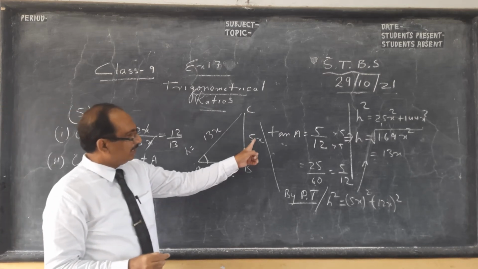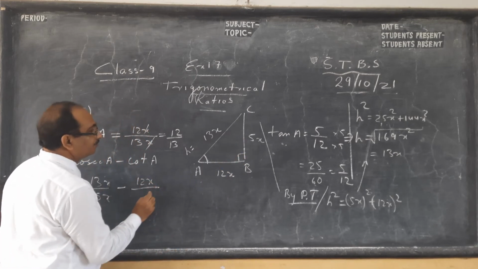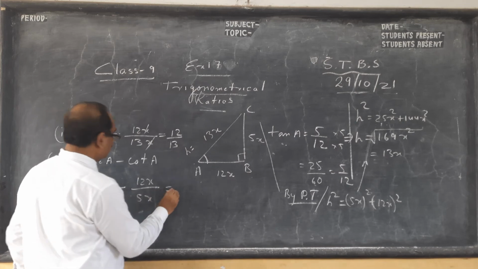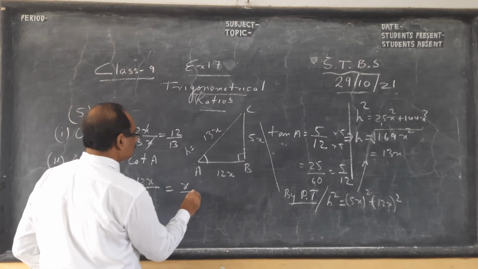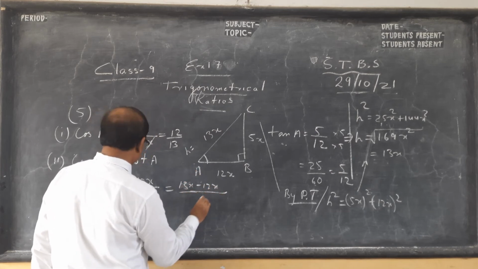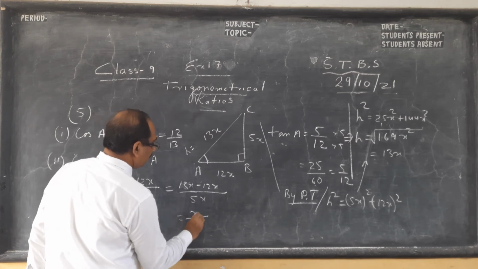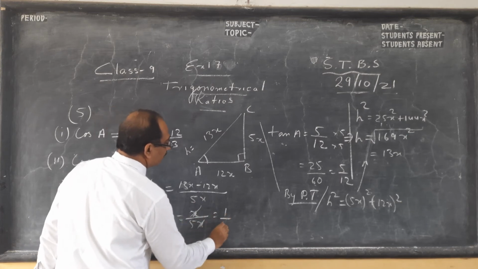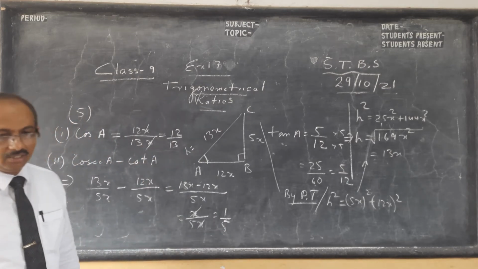Minus cot, tan is this by this, cot is this by this, 12x by 5x. So this you do, you get x by 13x because denominator is same. 13x minus 12x by 5x, this is x by 5x, 1 by 5. So this is 1 by 5, children, and this is 12 by 13.